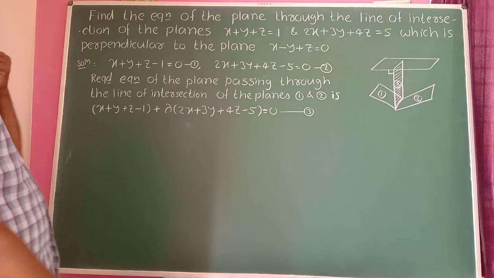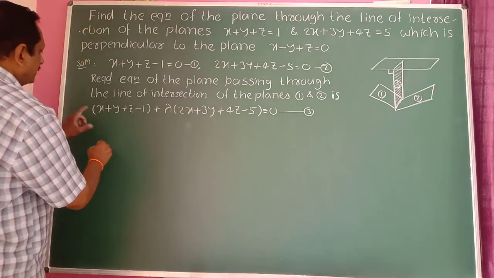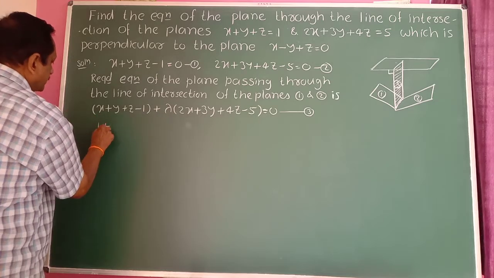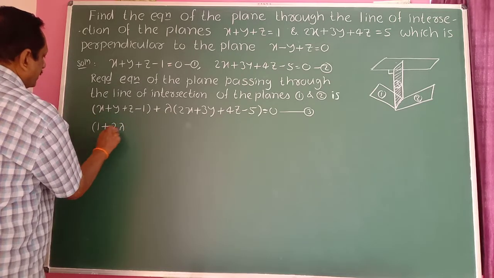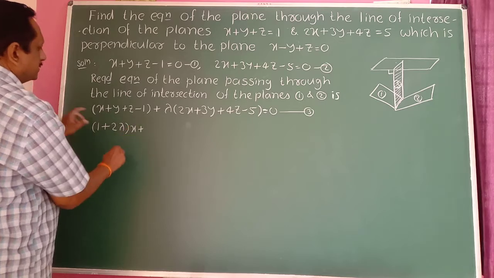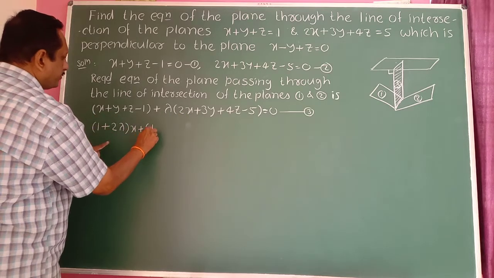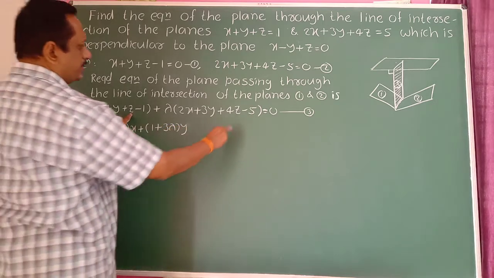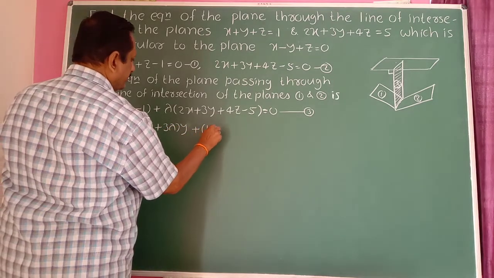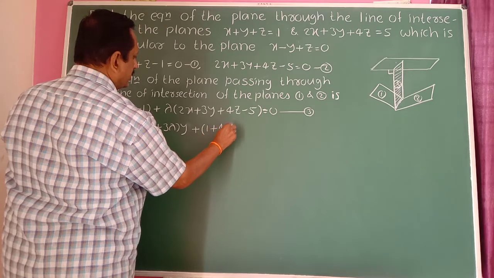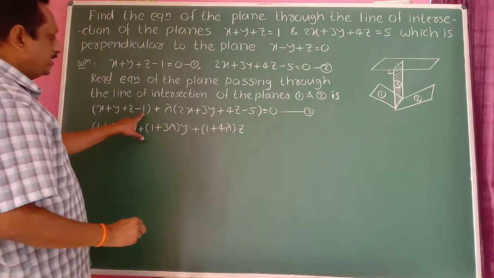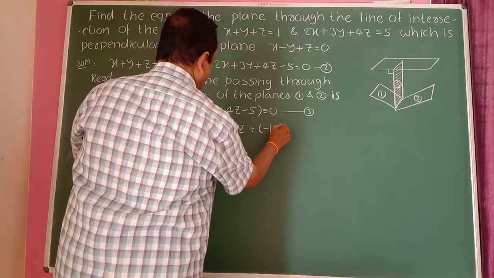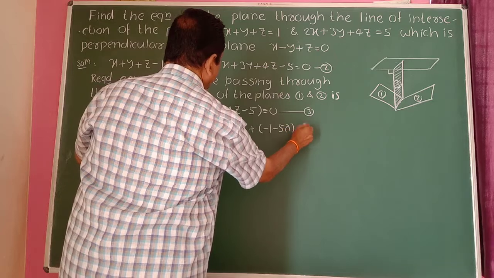Then take this lambda inside the bracket. Then x has the coefficient 1 plus 2 lambda, 1 plus 2 lambda into x, then plus 1 plus 3 lambda into y, 1 plus 4 lambda into z, minus 1 minus 5 lambda is equal to 0.